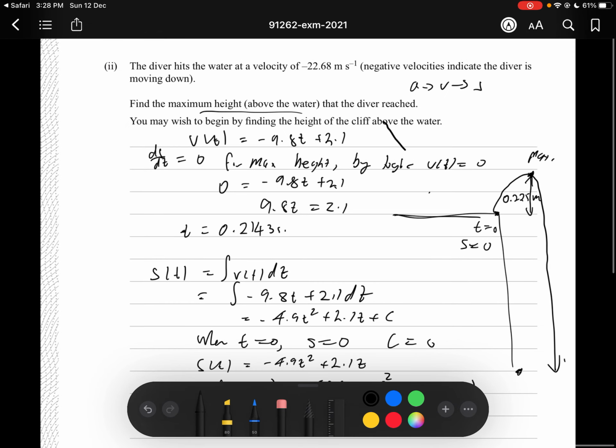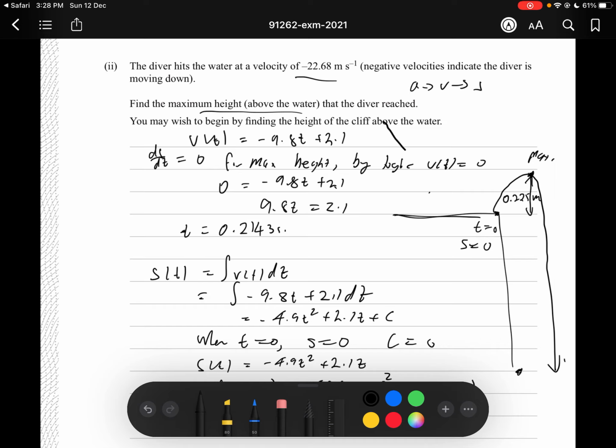Since they told us that the diver hit the water at a velocity of negative 22.68 meters per second, we can use that to find the time value when the velocity is negative 22.68 meters per second.